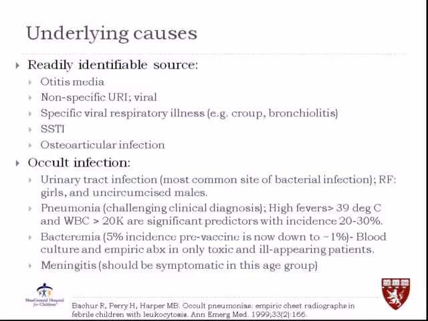So think about those kids with high fevers where you obtained a CBC and the white cell count was 25,000. It becomes mandatory, or at least highly suggestive, to get a chest x-ray in that particular patient.